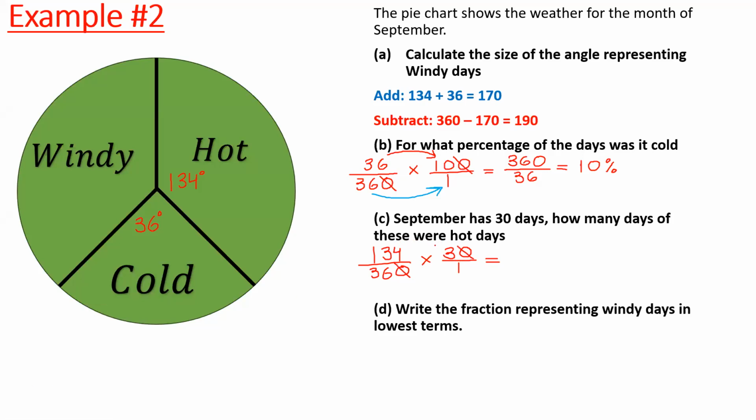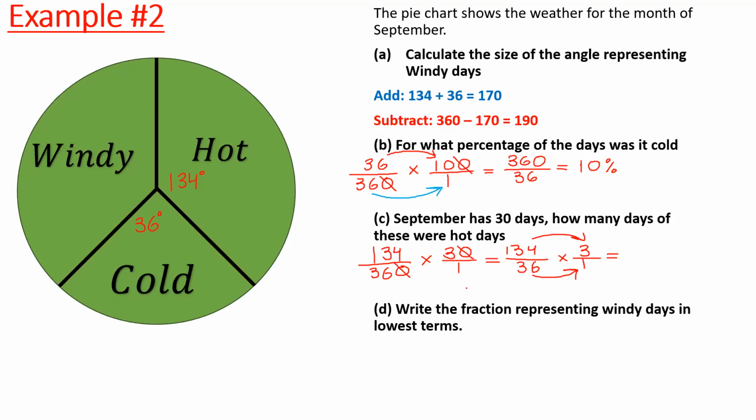So we have 134 over 36 multiplied by 3 over 1. Now we multiply 134 by 3, and 36 by 1.